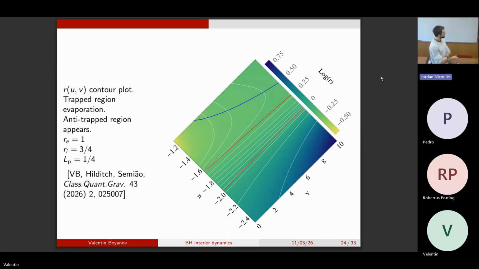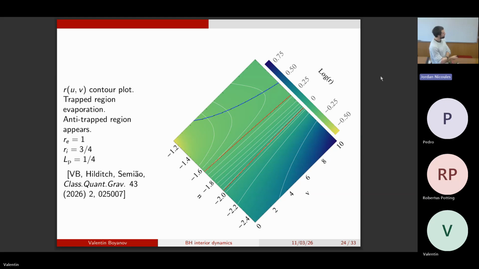Maybe not entirely clear from just this picture, but in the next one it will be. And the inner horizon begins to move outwards. And something that we didn't expect also popped up. And it was this blue line here, which actually marks the boundary of an anti-trapped region.